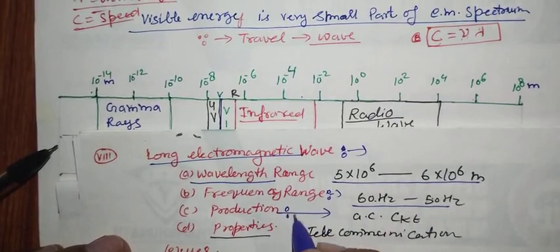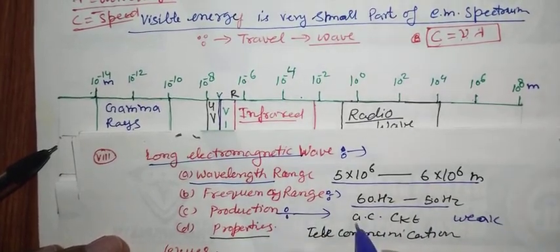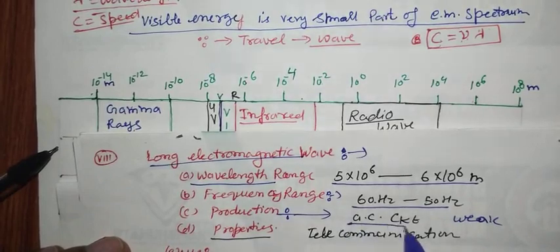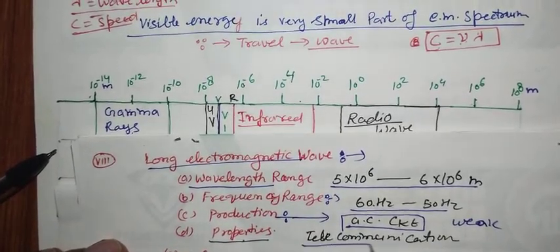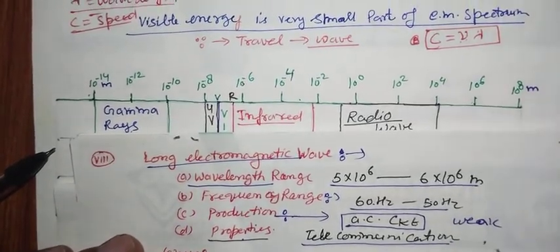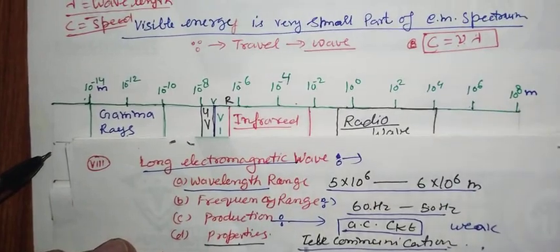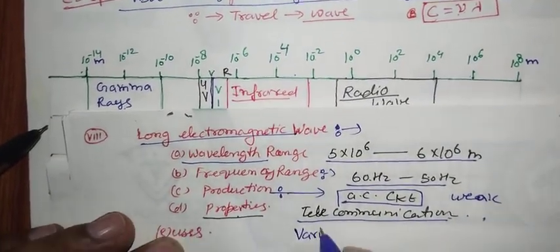Its production is by weak oscillation of an alternating current circuit. It is used for telecommunication signals, and it has various ranges.